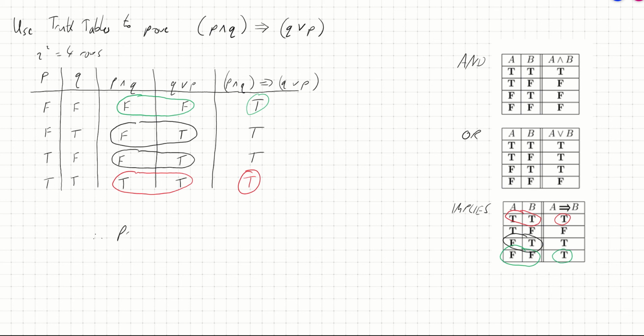Therefore, our proposition is always true. So I'm done. And that proposition was P and Q implies Q or P.